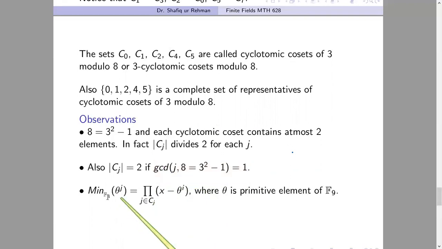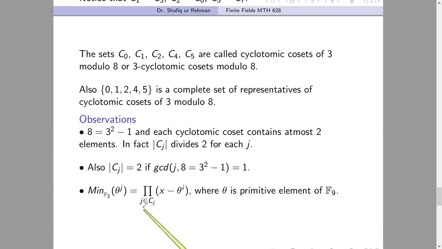And this is very important: we can use cyclotomic cosets in formation of minimal polynomials. You know how to obtain minimal polynomials by conjugates, but now using the cyclotomic cosets you can also obtain minimal polynomials.